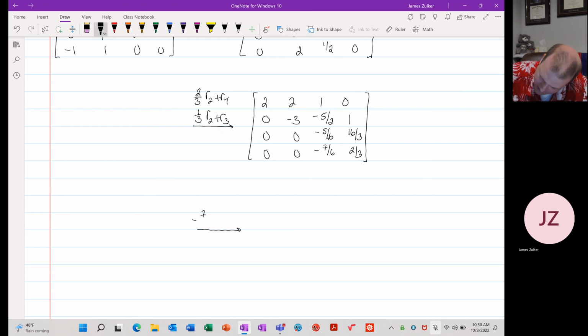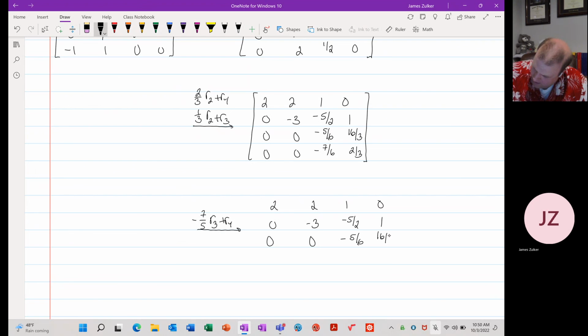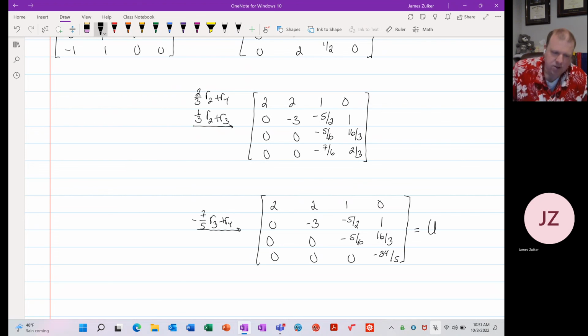We now need to do negative 7/5 row 3 plus row 4. So there is our U.